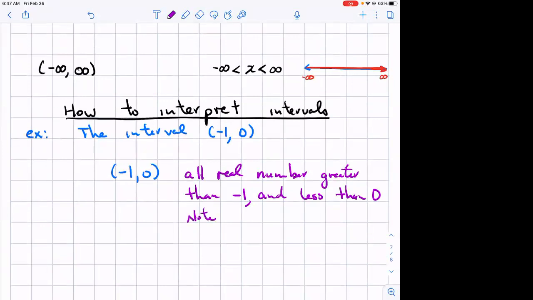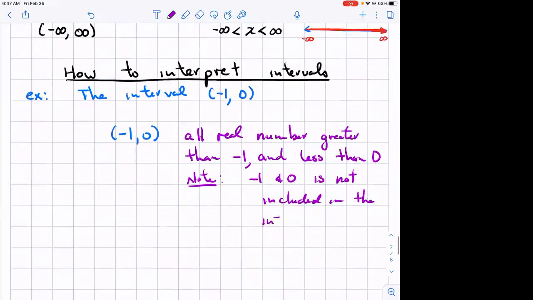Note that -1 and 0 are not included in the interval. Whenever you see parentheses here, it means that the number is not in the interval.